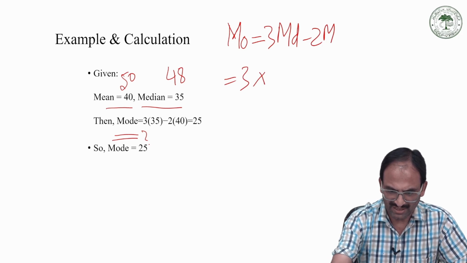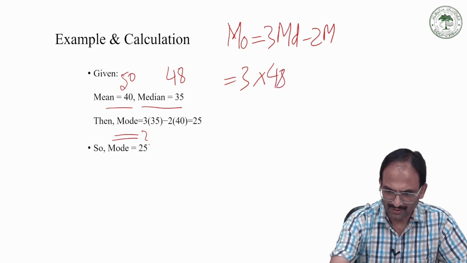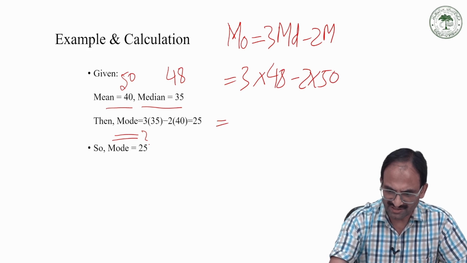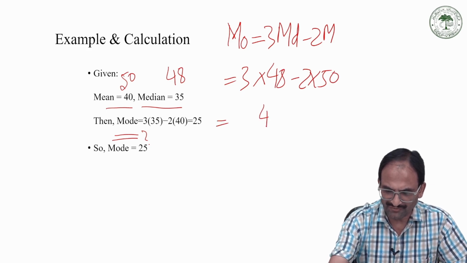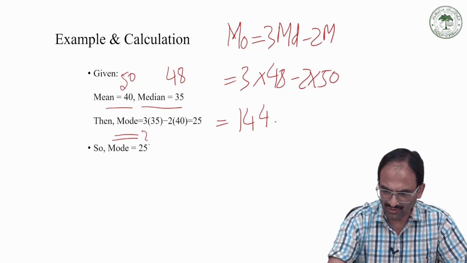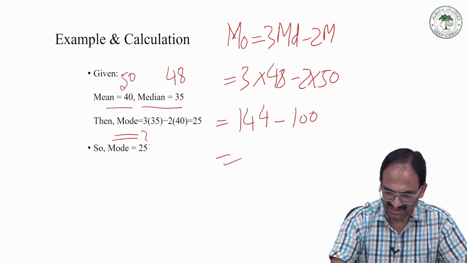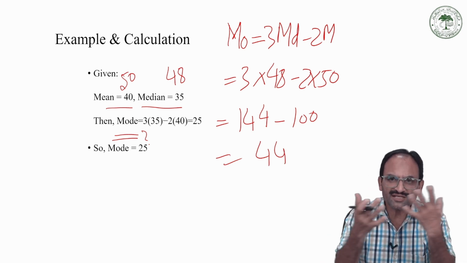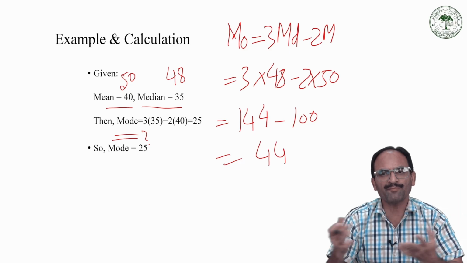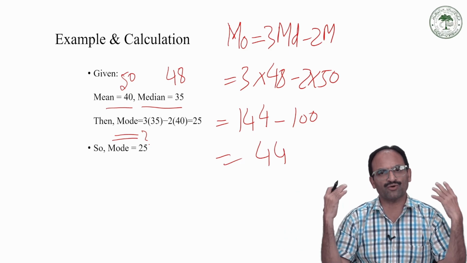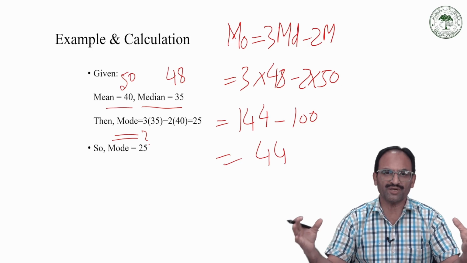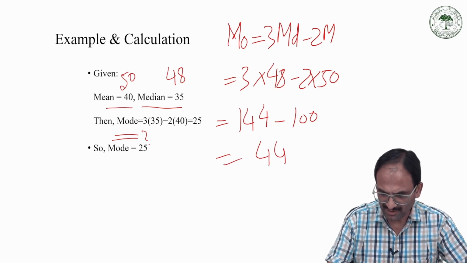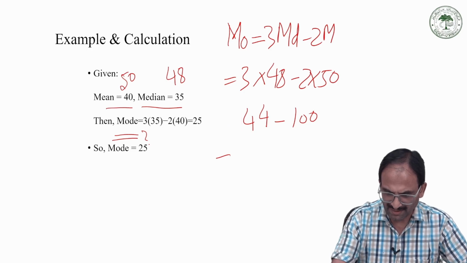You see, it is 48 minus 2 into 50. Simplify, it is 3 8s are 24, 3 4s are 12 and 144 minus 100. So finally it is 44. So in this situation, when median and mean are given and you are required to find out the mode, you can easily do it by this type of approximation. Let me take another example so that it might be clear to you.